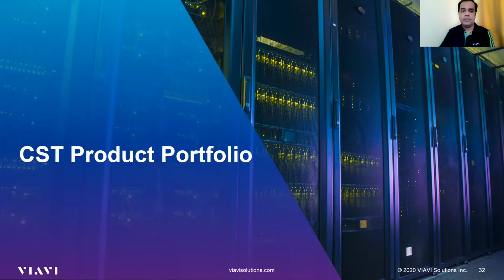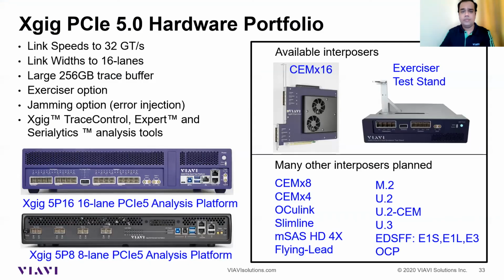I'll take a minute to explain the different protocol analysis products available with VIAVI for CXL protocol analysis. On this page, you'll see the different protocol analysis tools available with VIAVI for 32 gigatransfers per second.